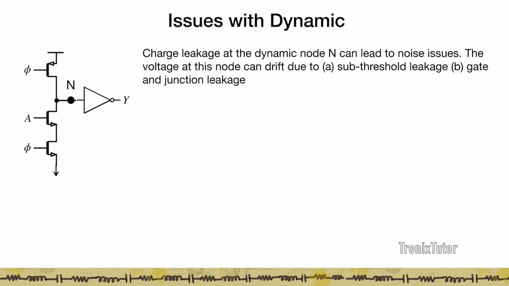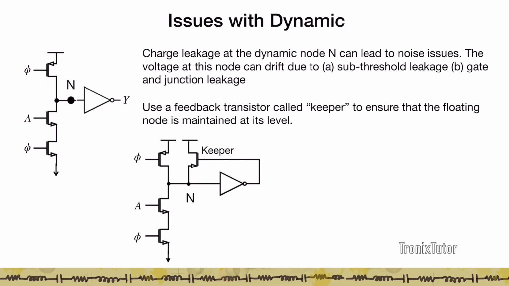The other issue with the dynamic gate was that this node, which was pre-charged, has a possibility of losing charge because of leakage. So the node voltage at N can drift either because of subthreshold leakage or gate or junction leakage. Either the gate leakage of the inverter or junction leakages of the drains here could end up with this charge being reduced.